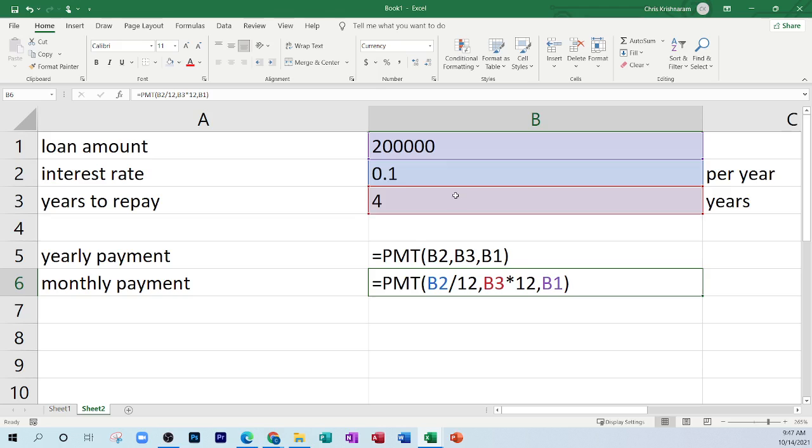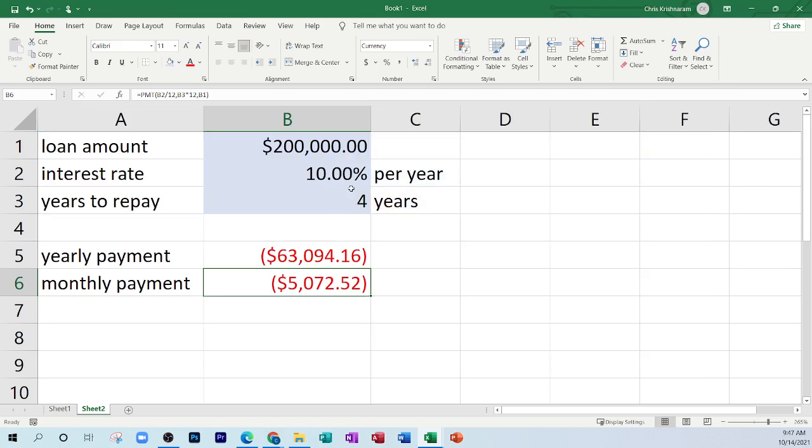But it all depends on how they give you the values, because if they give you the repayment in months, or the loan interest in months, then obviously you won't need to do any conversion, because that by itself is going to give you the monthly interest, the monthly repayment.